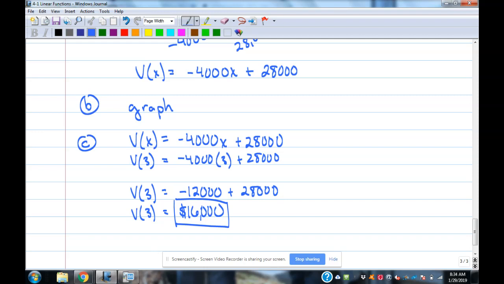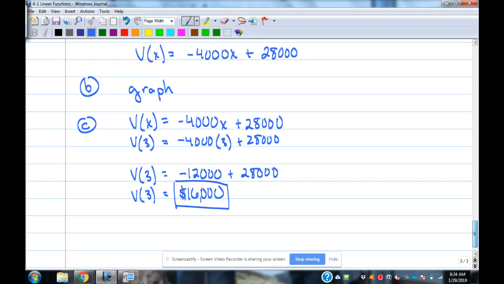If it were a positive slope, we would be increasing the value of something. So when it talks about interpreting the slope, just explain what it means. Does it mean the value is going down? Use a sentence.